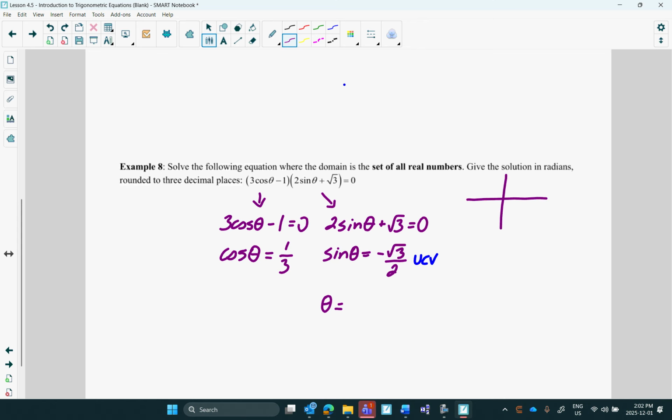Y values negative root 3 over 2. Remember, negative root 3 over 2 is the long one, so it should be down here and down here.